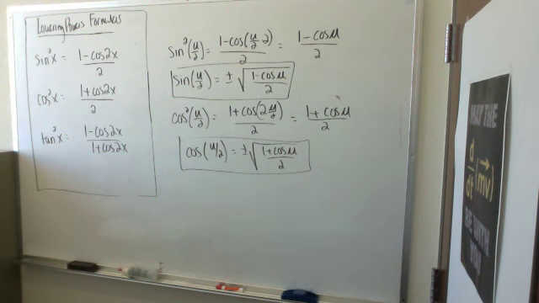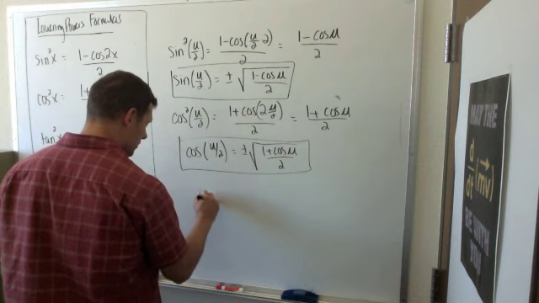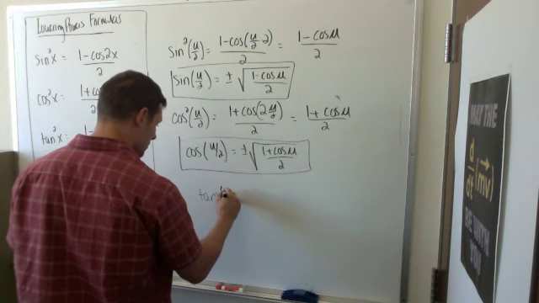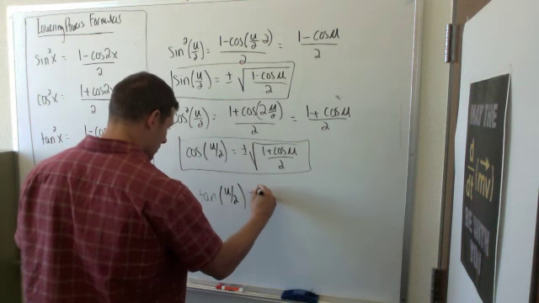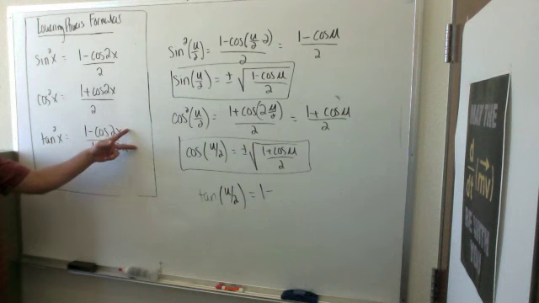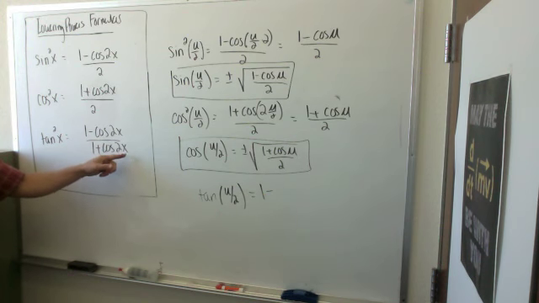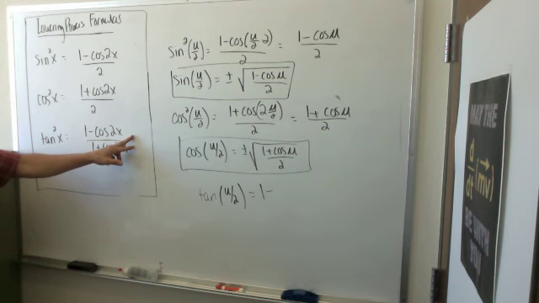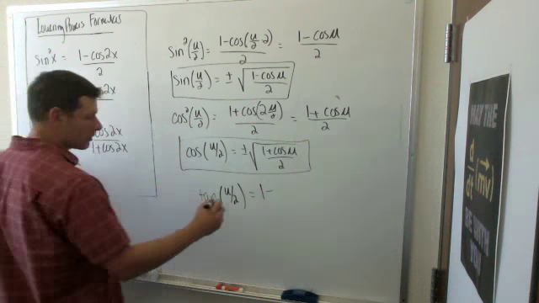If you simplify it a little bit, you end up getting something really interesting. Multiplying by the conjugate, things work out kind of nice, and you'll get 1 minus cosine of u divided by sine of u.